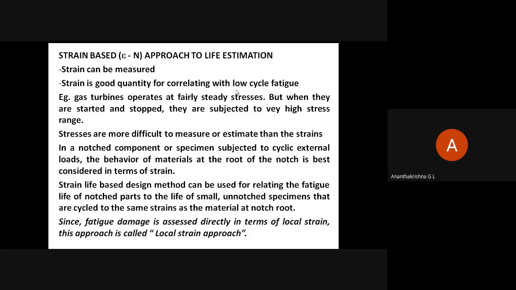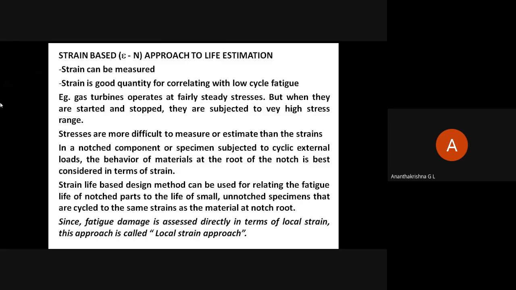Low cycle fatigue is where the component will fail before 1000 cycles. Somebody's noise is coming. Please avoid the noise there.